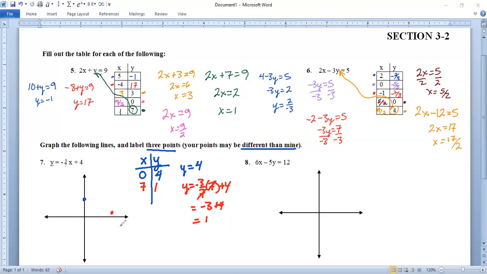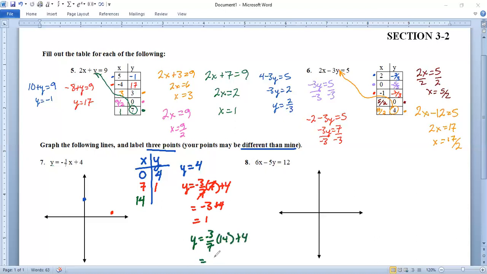And we can see where the line is, but they want one more point. So let's stick something in that hopefully will turn out nice. Let me see, 3/7. Oh, we could do a -7 for x. That would also cancel fractions, or a 14 would be fine. y equals -3/7 times 14 plus 4.